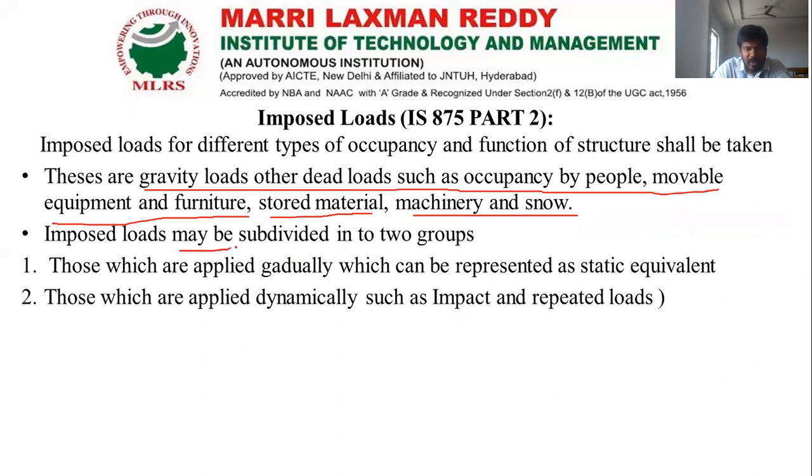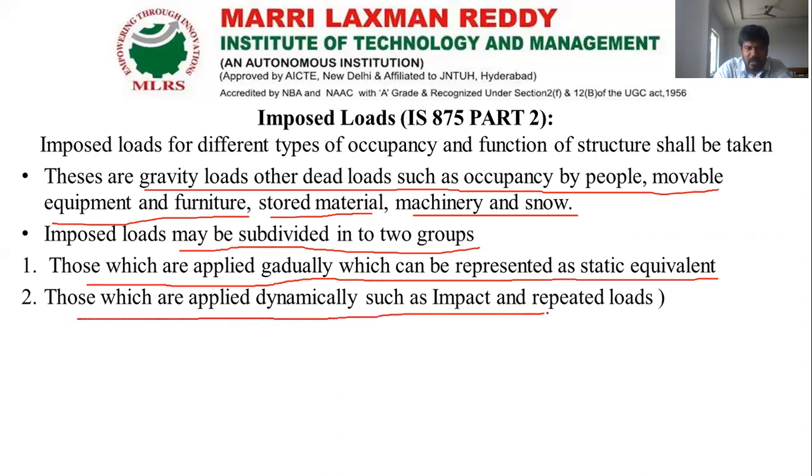Imposed load may be divided into two groups. One is those applied gradually, which can be represented as static equivalent. The other is those applied dynamically, such as impact and repeated loads. Machines and vibratory loadings come under dynamic or impact load.